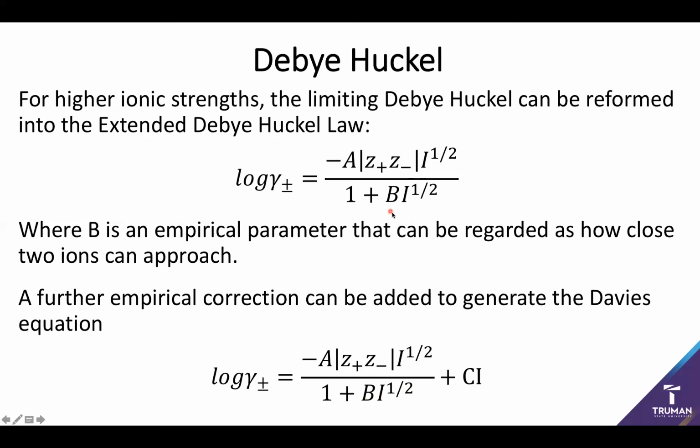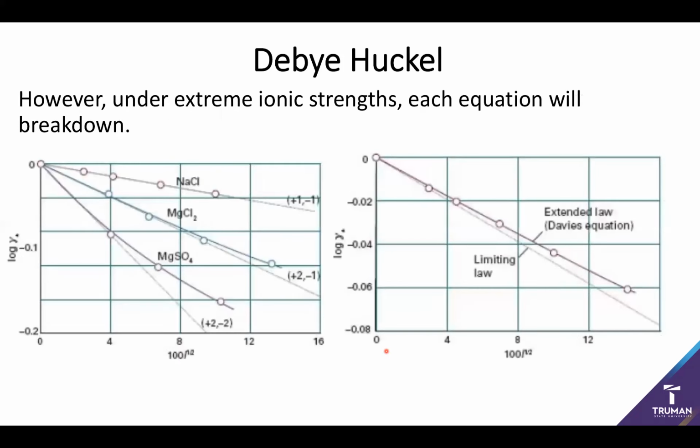And so it can sometimes be very important that you can find a way to obtain these values independently. And at this point, we start getting into some of the details of how to describe the activity of a system and ionic strength that we go into a little bit more detail during analytical chemistry. However, one of the things I do want to emphasize is that, again, all of these equations tend to break down under extreme ionic strengths.